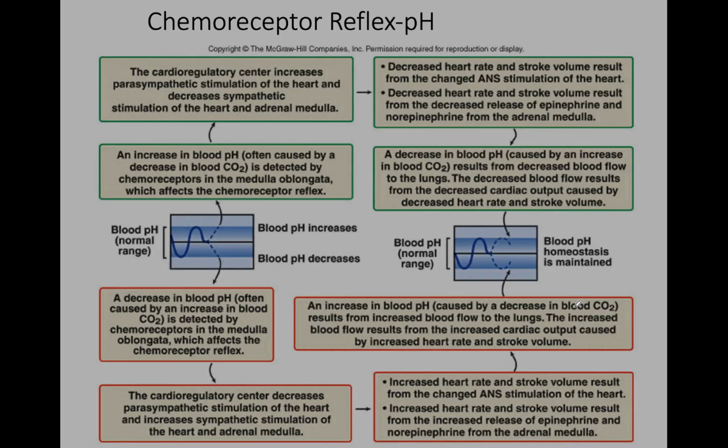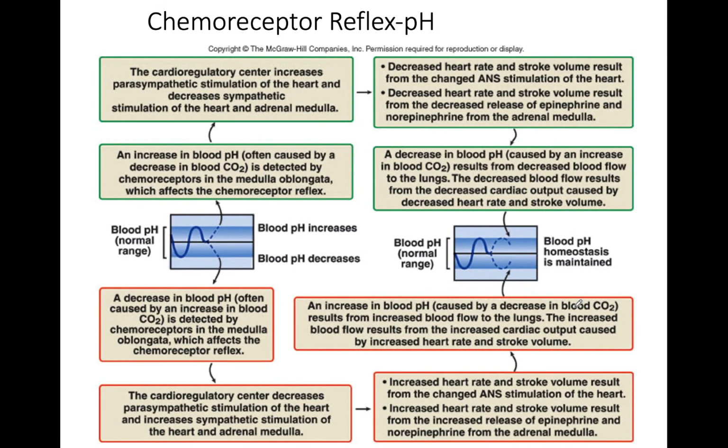The next one is about chemoreceptors. Let's say there's a drop in your blood pH. If blood pH goes down, so you have a lower pH, does that mean you're acidic or is it basic? Well, lower pH indicates that you're acidic.